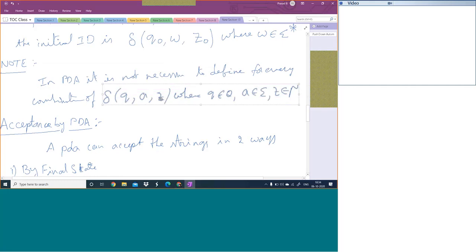Whatever we require, we must define for them only. Here q belongs to Q, a state, and a belongs to sigma, an input symbol.